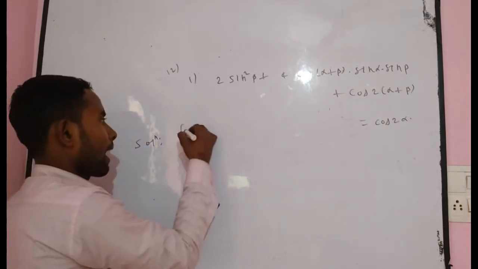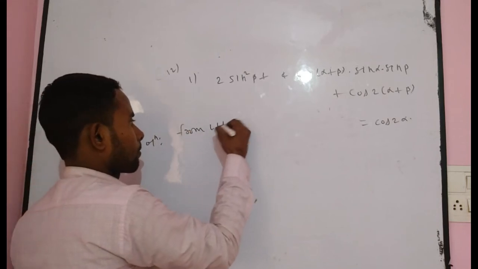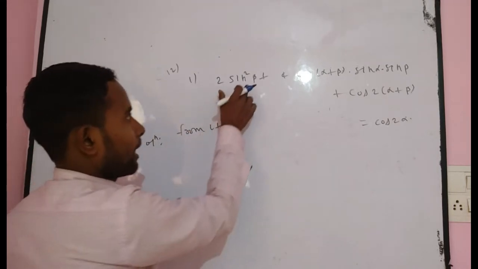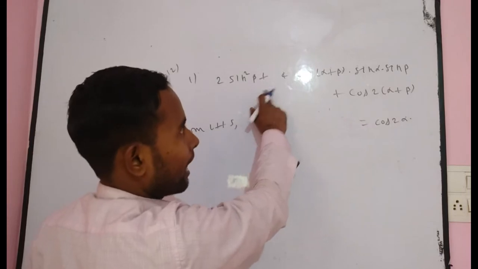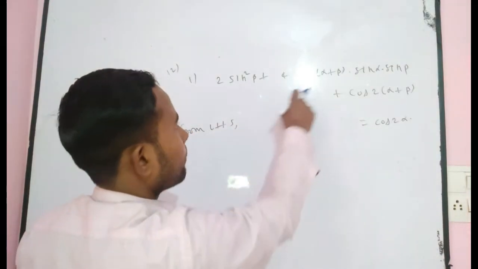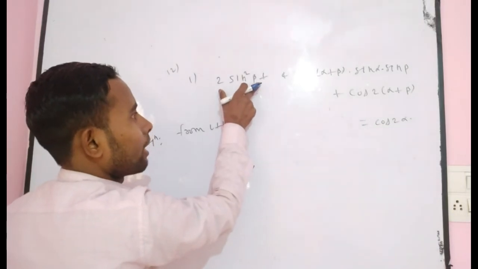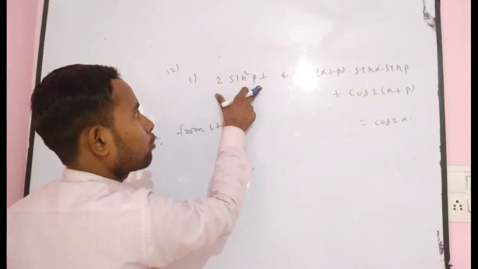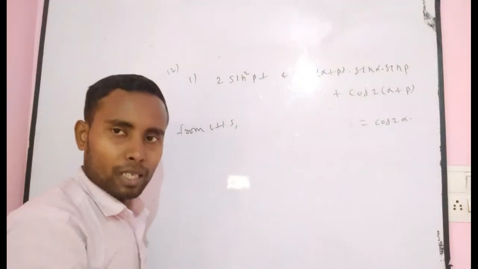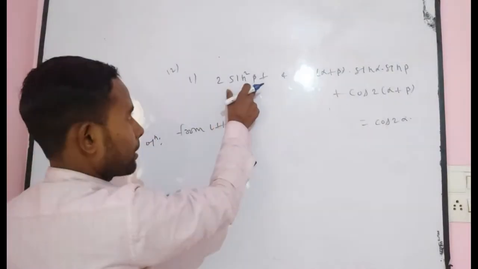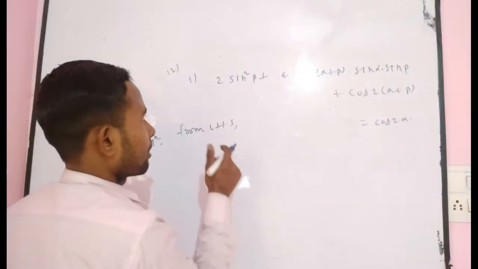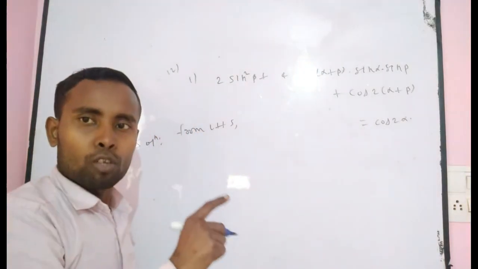You have to go from the LHS. It is 2 sin square beta and it is 4 cos alpha plus beta. Firstly, I want to tell you, just in place of 2 sin square beta, can you write here 1? Can you write here?